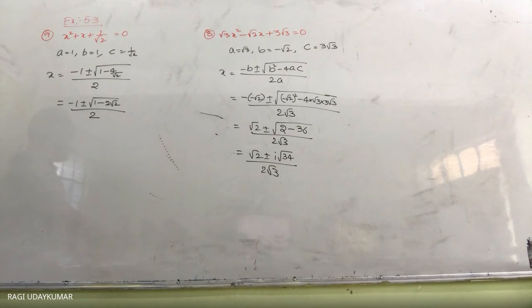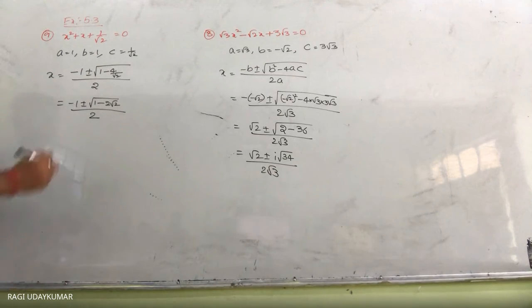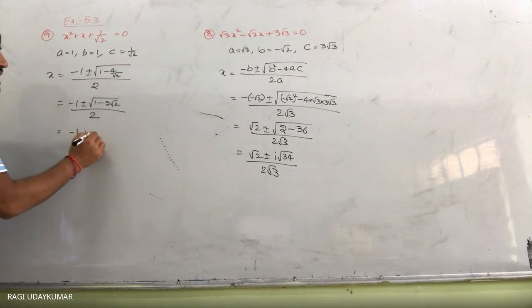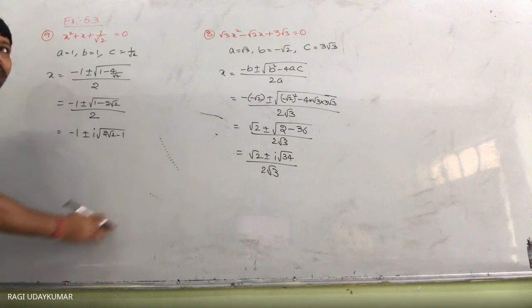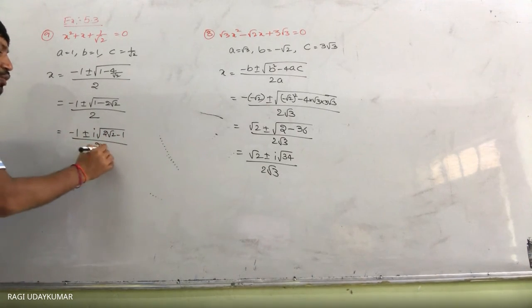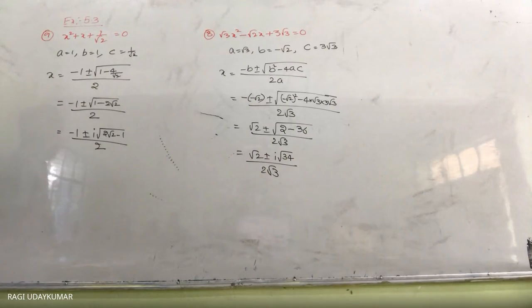What do you get? कैसे लिखना है? Minus 1 plus or minus I into under root of 2 root 2 minus 1 by 2.